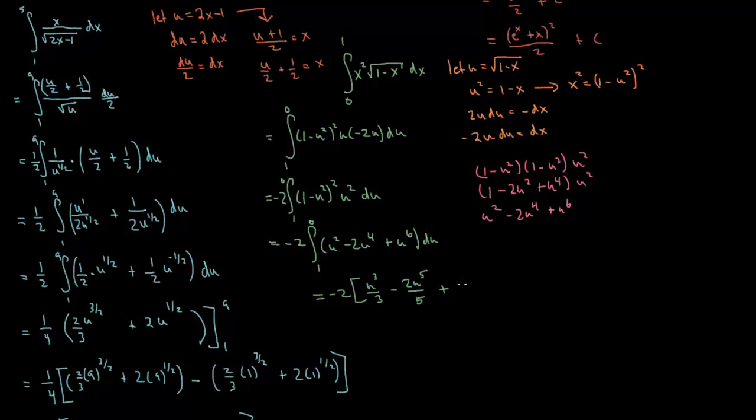Antiderivative of u to the 6th, that's easy. U to the 7th over 7, we actually already have done that today. And now we have found the antiderivatives.